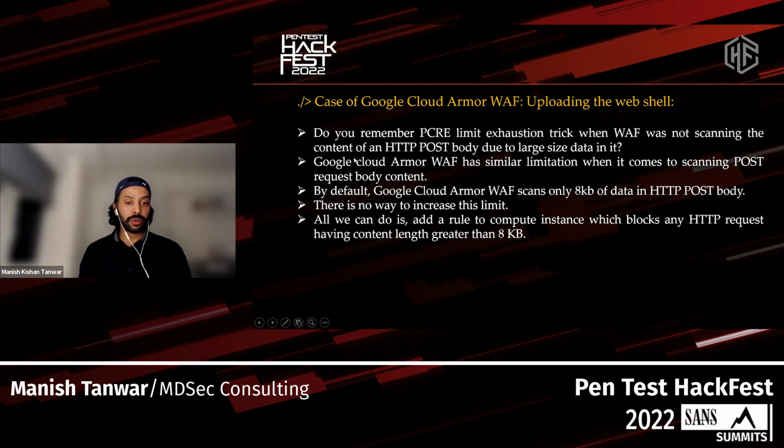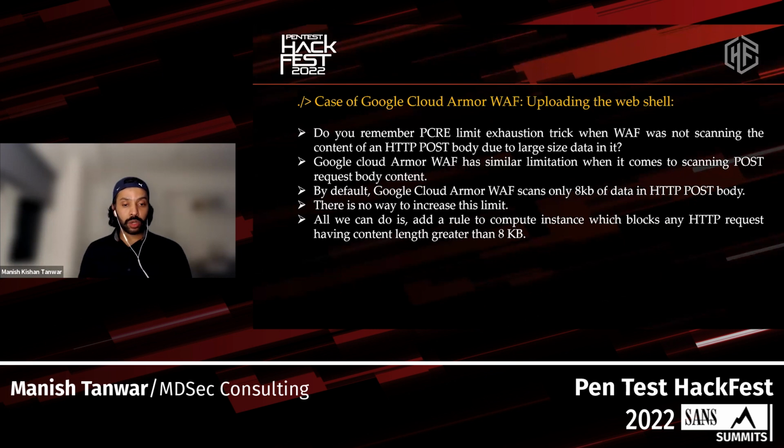Do you remember back in the day, in firewalls, we had the PCRE limit exhaustion as an attack trick? We can feed junk data in the post body, and the firewall is not able to scan it because of the size limit.